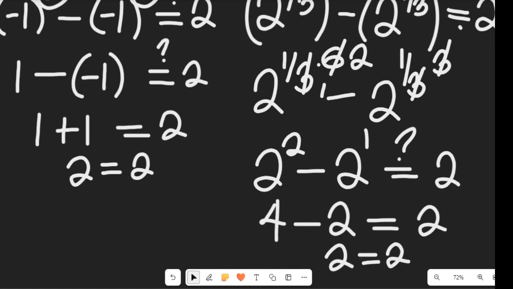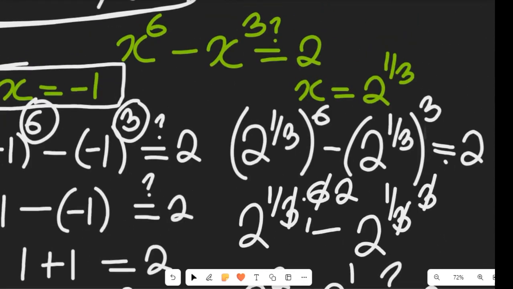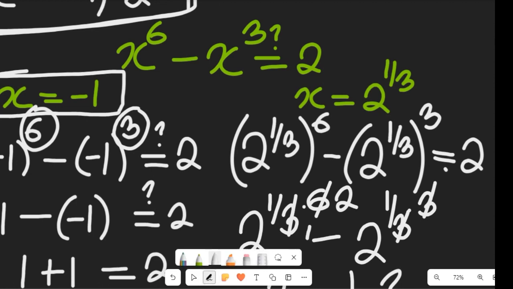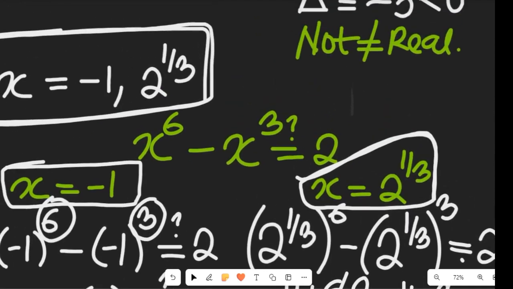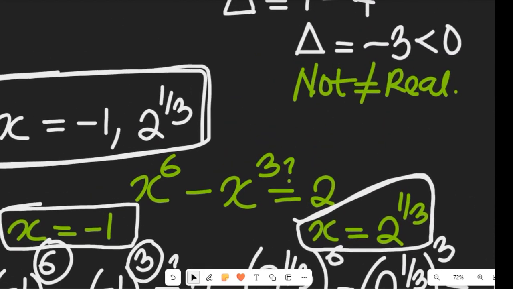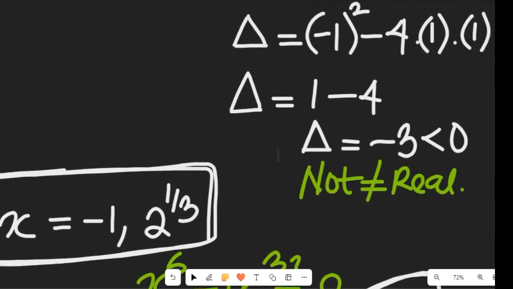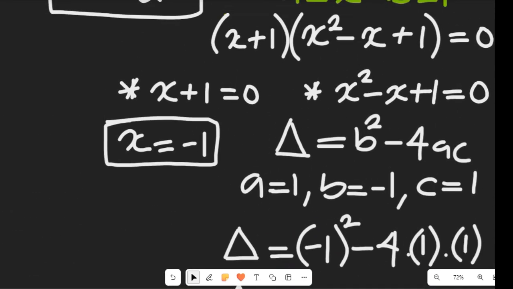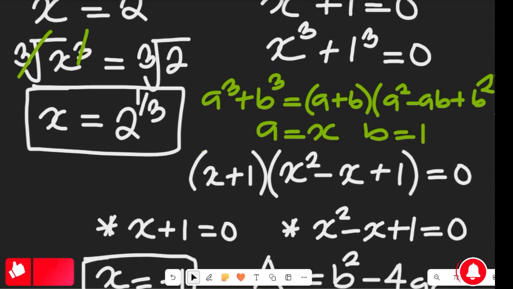And so that tells us that the value of x equal to 2 to the power of 1 over 3 is a solution. So what does that tell us? That tells us that x equal to -1 and x equal to 2 to the power of 1 divided by 3 are both solutions that satisfy that exponential equation.